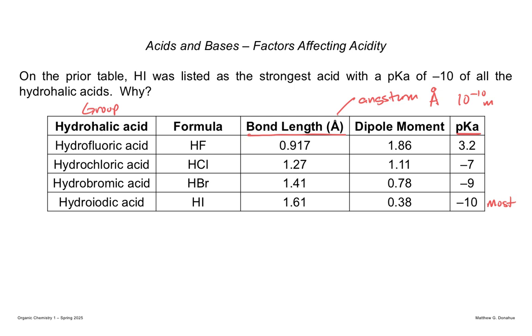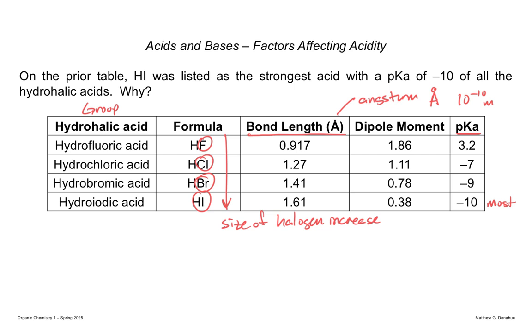But the difference is when you're going down that group, the size of the halogen increases. So HF you can think of like as a golf ball, HCl maybe an orange, HBr, I don't know, maybe a basketball, and then iodine, HI is a big beach ball.